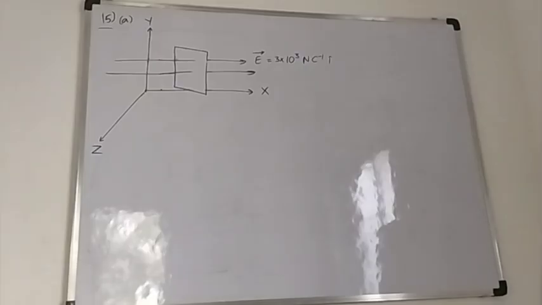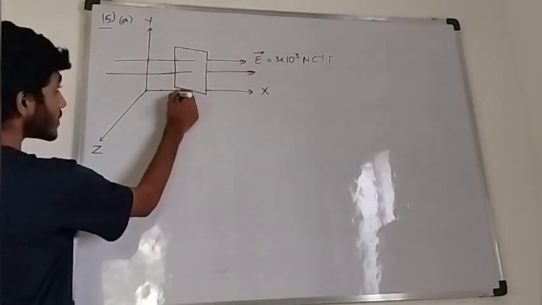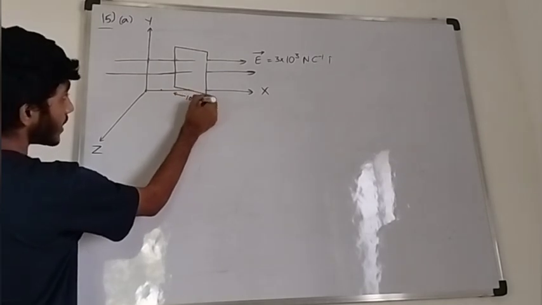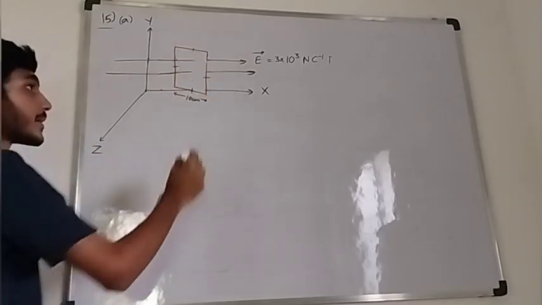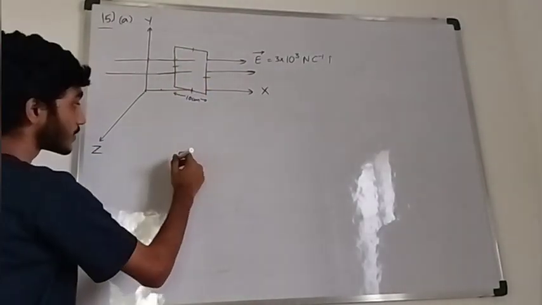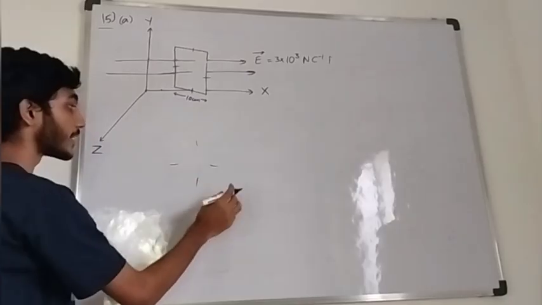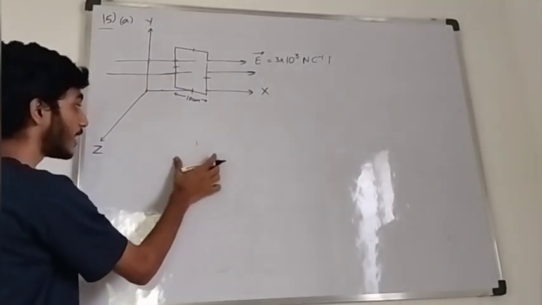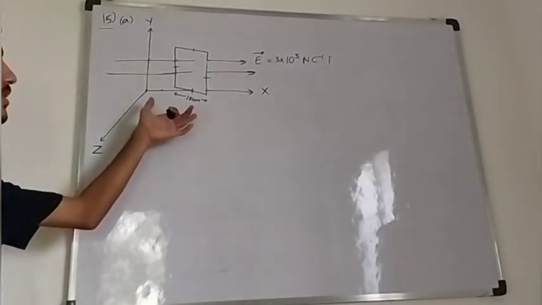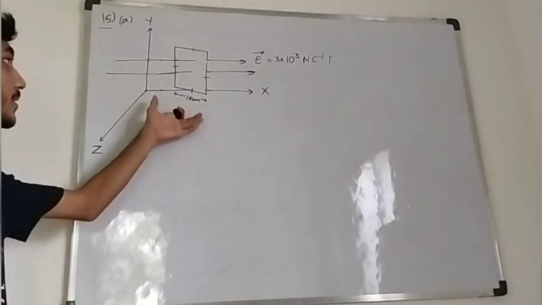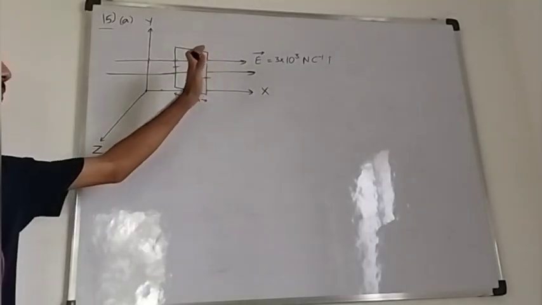The area of the plane is not given, but the length of the side is given. This is a square plane. The length of a side is 10 centimeters, so all its sides will be equal. We mark it like this. If we mark all the sides with a single line or double lines, but all the sides with the same type of lines, then these sides are same. Okay, this is just a notation, and so we have to find the flux through the plane.